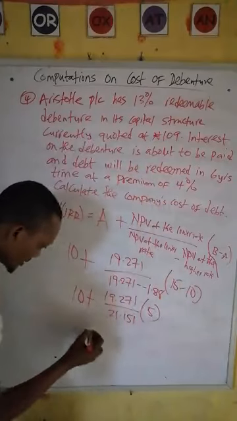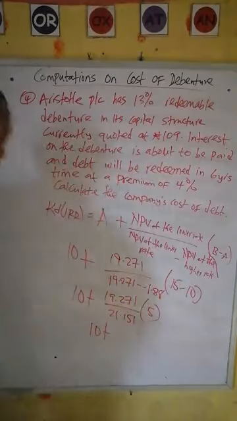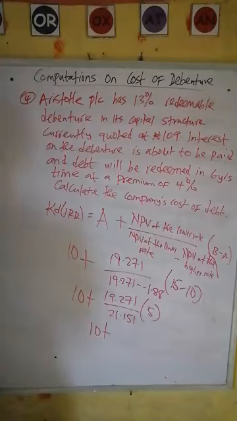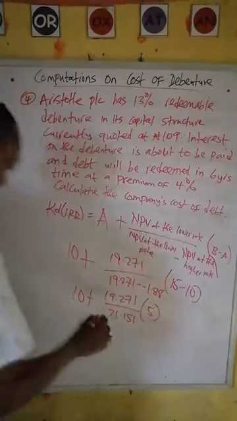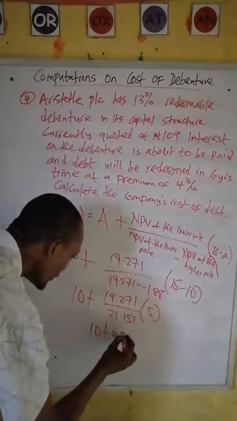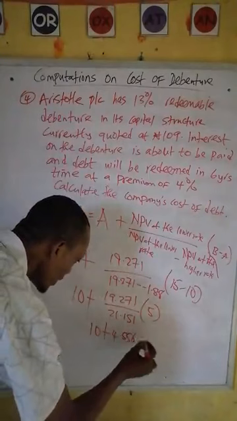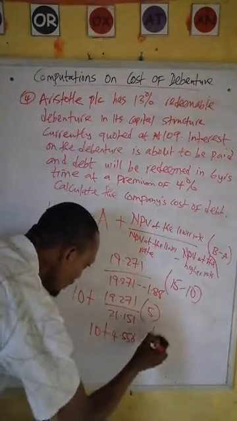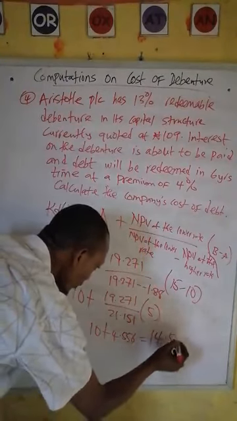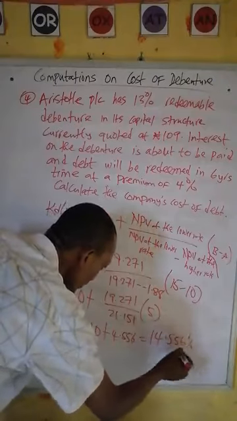So therefore we got 10 plus 19.271 divided by 21.151, multiplied by 5. That is 4.556 anyhow, so 10 plus this, you have 14.556%.